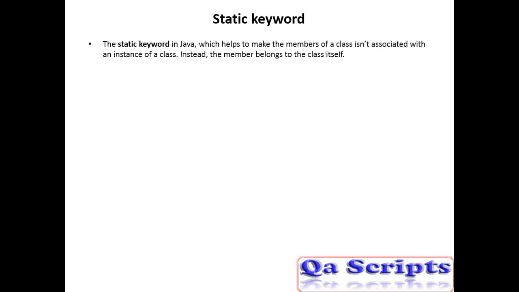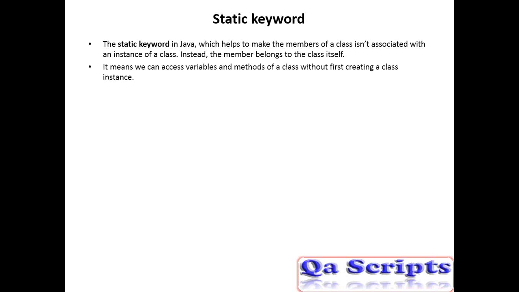If you don't use static, those members will be available only if you create an instance or object of that particular class. But if you use static for a method or variable, you can call methods or variables in another class without creating an object.